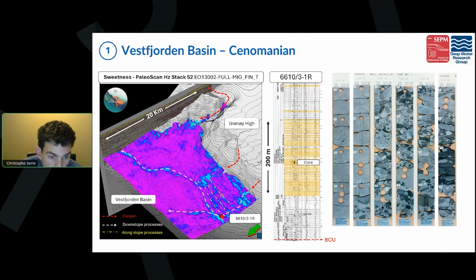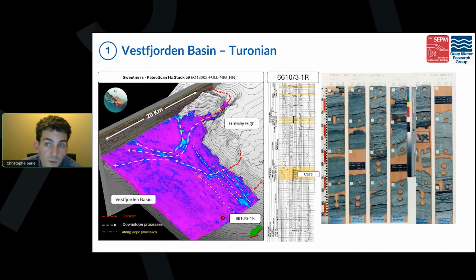But we also see those sort of elongated systems. But when we look in the core, we find all those conglomerates, and then those massive, mainly turbiditic system.